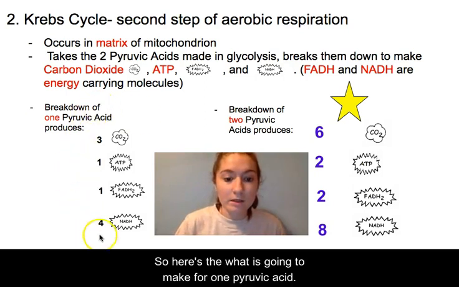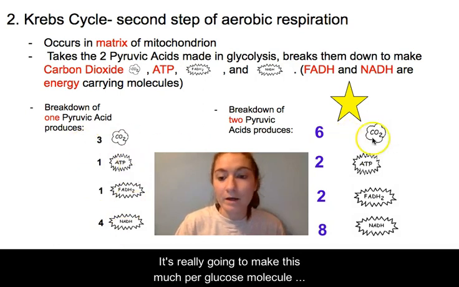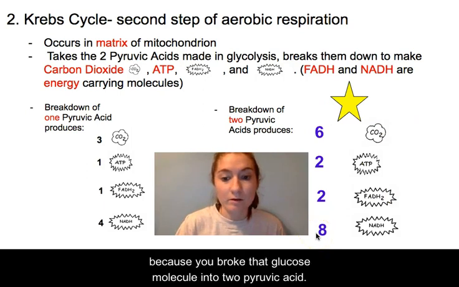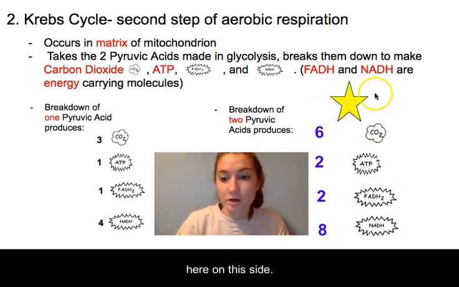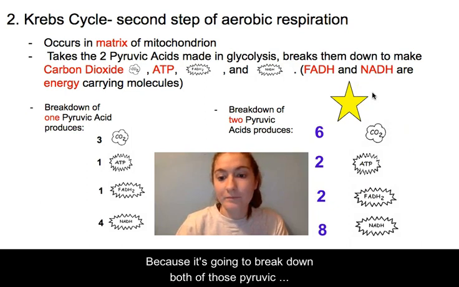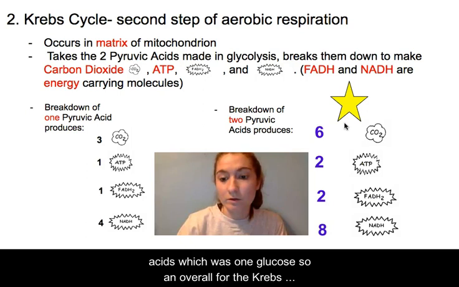So here's what it's going to make for 1 pyruvic acid, but it's really going to make this much per glucose molecule because you broke that glucose molecule into 2 pyruvic acids. So this is the part that you want to be looking at over here on this side, because it's going to break down both of those pyruvic acids, which was 1 glucose.